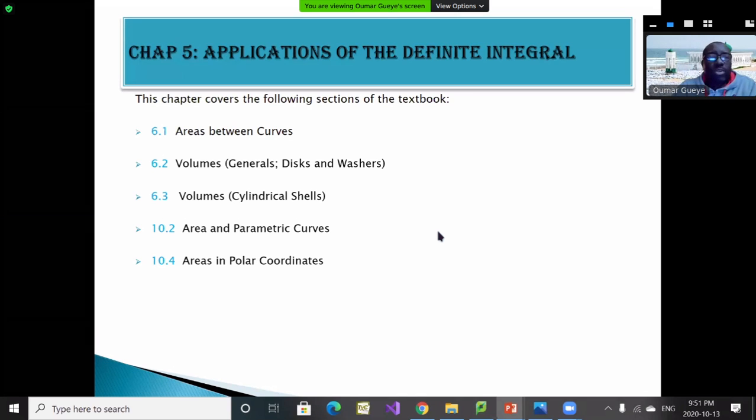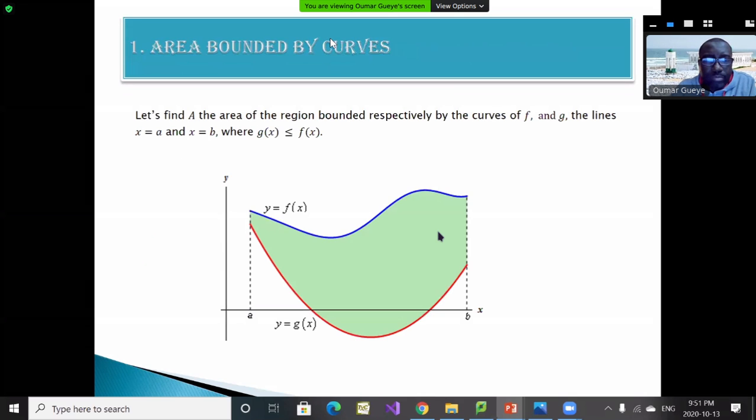So now, as I said, we'll cover 6.1 today. And we are interested in these kinds of areas. You guys can see, I want to get the area of this green region. The region is bounded by the blue curve, which is the curve of f, and the red curve, which is the curve of g. At the beginning, we assume here g of x is less than f of x.